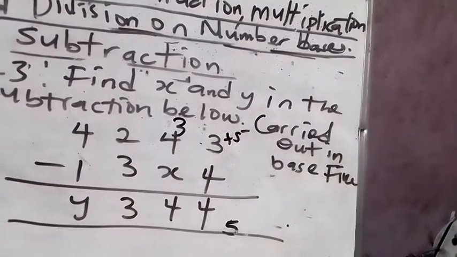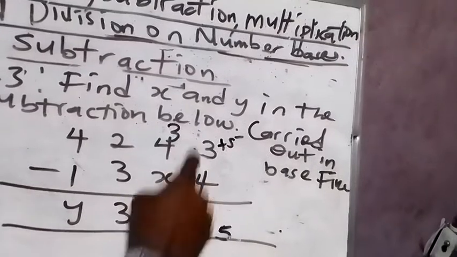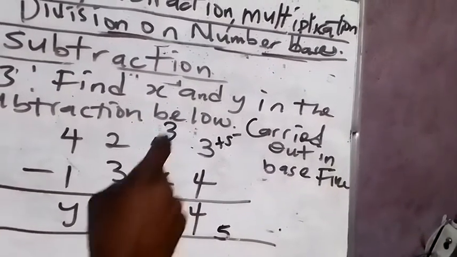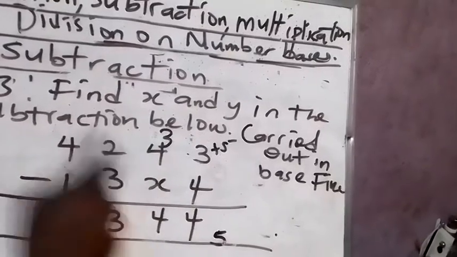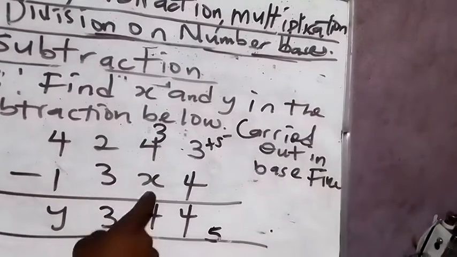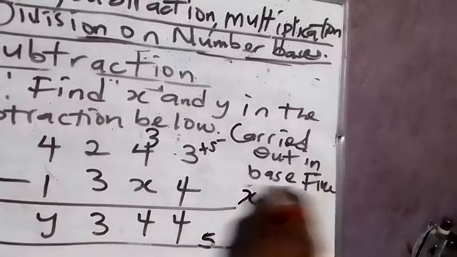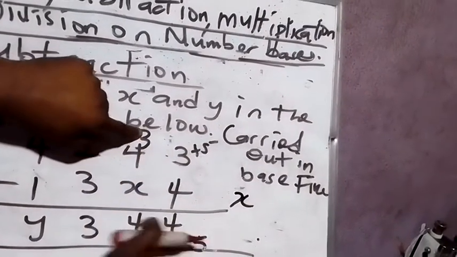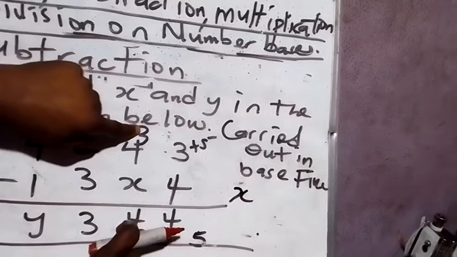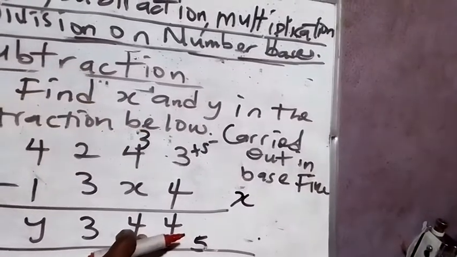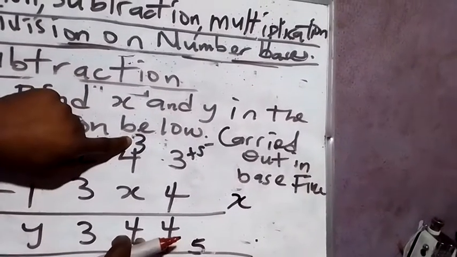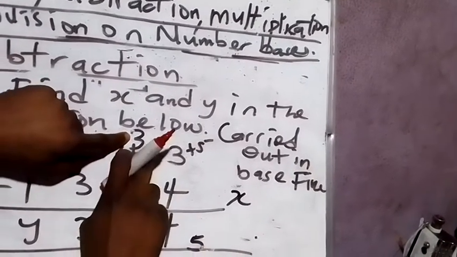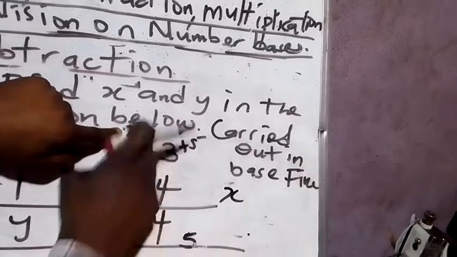Now, if this guy is 3 and they got 4 here, what do you think it will be here? Actually, what do you think our x will be? This guy is 3, and they got 4, so I believe that if they borrow base, if they add base to this 3, it is going to become 8 because 5 plus 3 is 8.